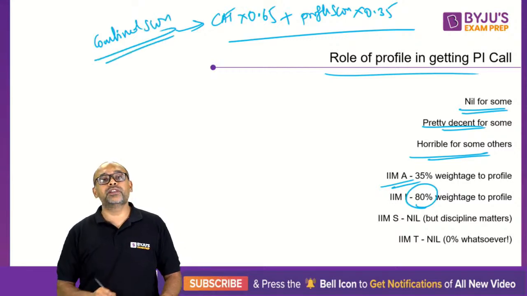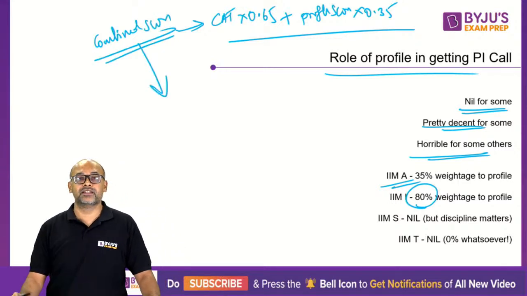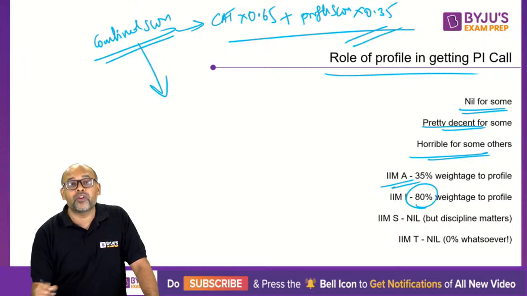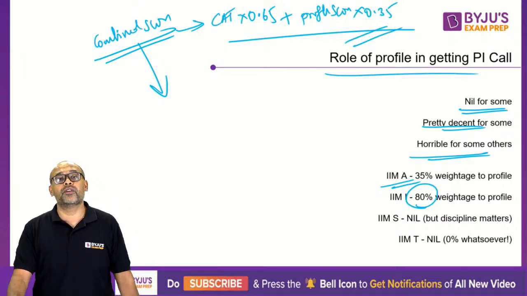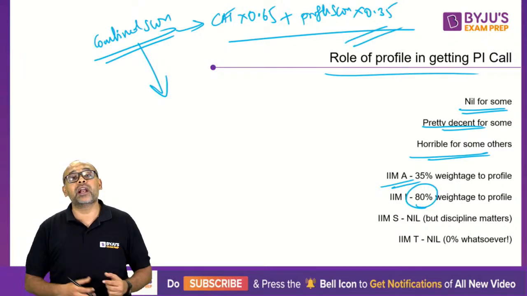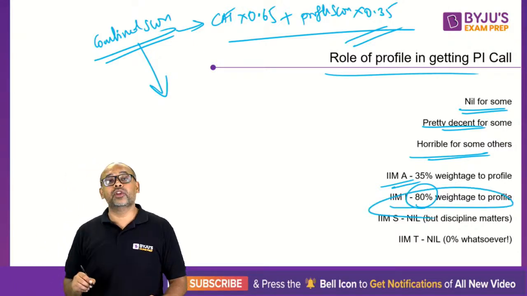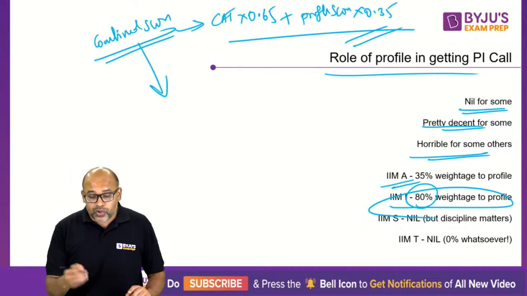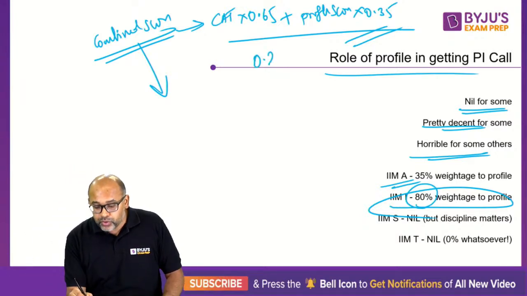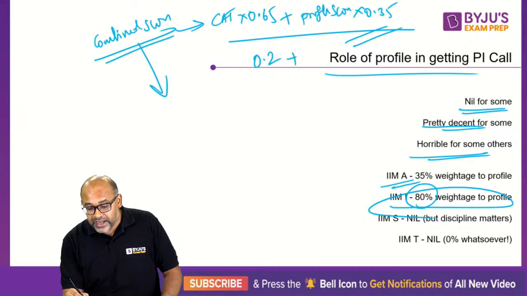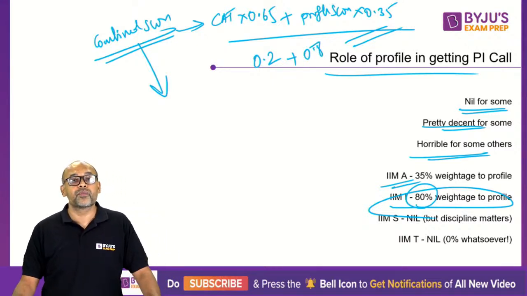So final shortlisting will be based on this list. In this list, profile plays 35% of the importance, whereas CAT plays 65%. When it comes to a college like Indore, which is on the other extreme, the CAT effect is only 0.2, 20%, and your profile is 0.8, 80%.